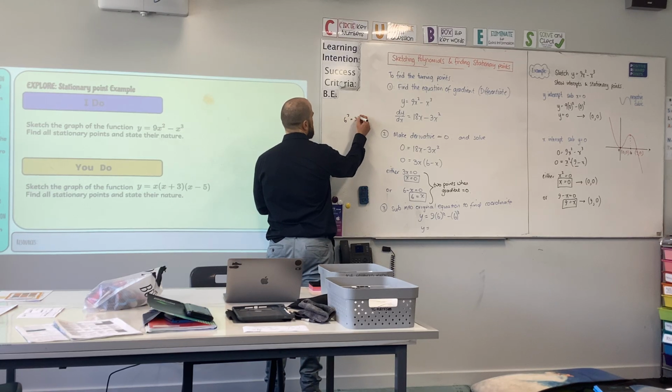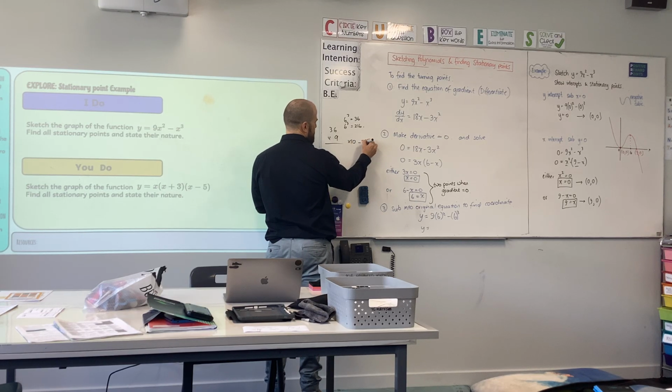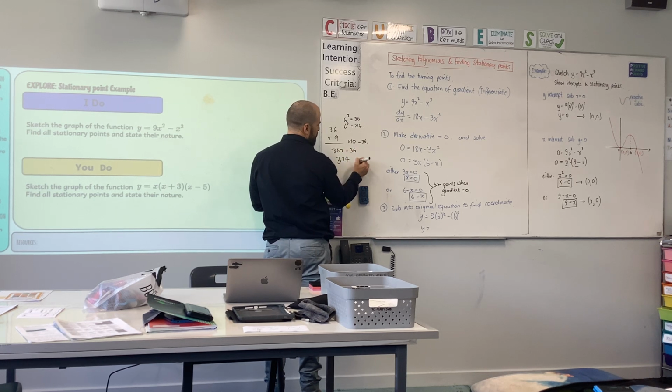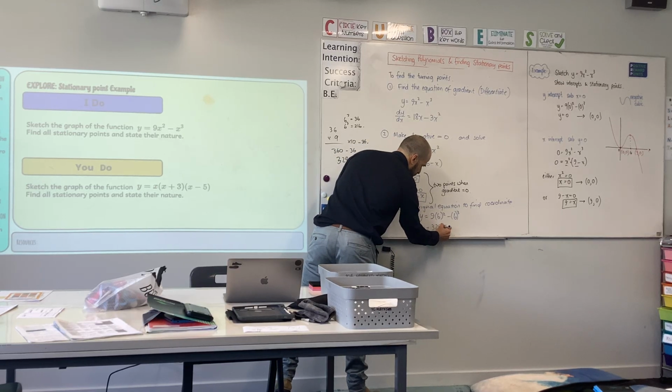6 squared equals 36. 6 cubed equals 216. 9 times 36. Just do 10 times 36 and then minus a 36. So it's 360 minus 36, which is 324. And then we need to minus 216.